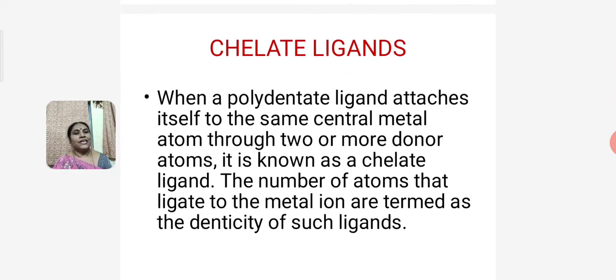What are chelate ligands? When a polydentate ligand attaches itself to the same central metal atom through 2 or more donor atoms, it is known as chelate ligand. The number of atoms that ligate to the central metal atom are termed as denticity of such ligands.